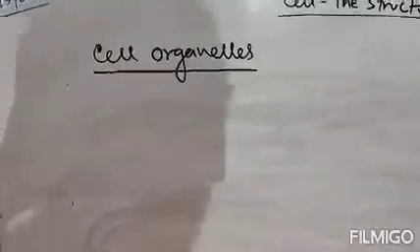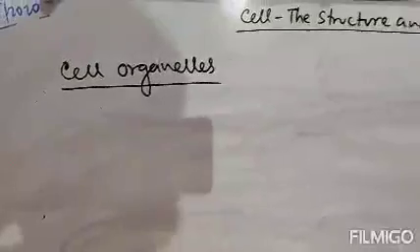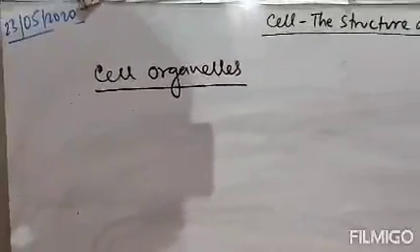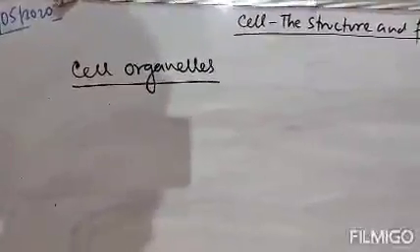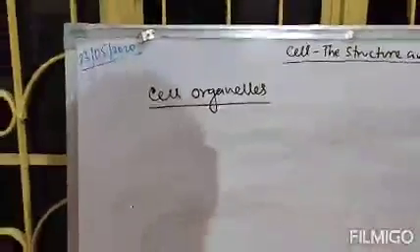Now, the cytoplasm contains many very small, tiny substances. The cytoplasm is a semi-colorless, translucent liquid. In this cytoplasm there are many tiny particles which are not even seen by a microscope. To see those tiny particles, a very high powered microscope is required. These tiny particles are called cell organelles.